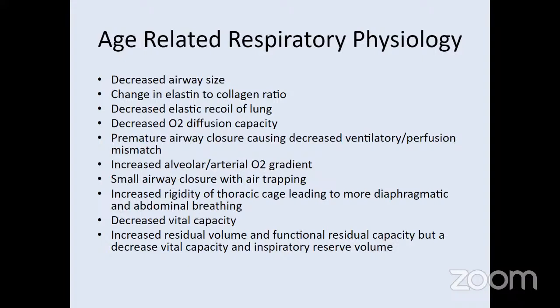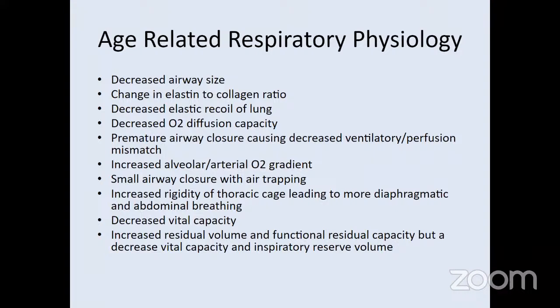So there is a decrease in elastin in general, affecting multiple body organs. Also decreased oxygen diffusion capacity and premature airway closure, causing decreased ventilation to perfusion ratio or ventilation perfusion mismatch, and increased alveolar arterial oxygen gradient, also because of stiffening of the lungs.